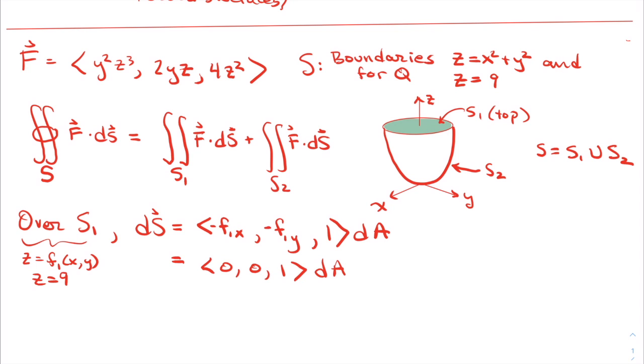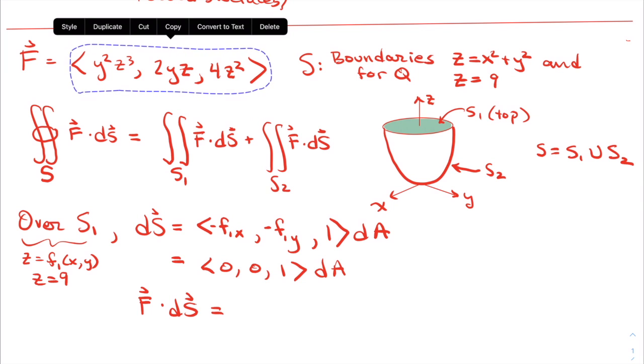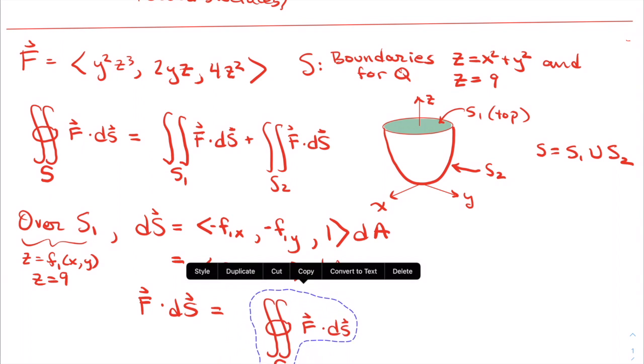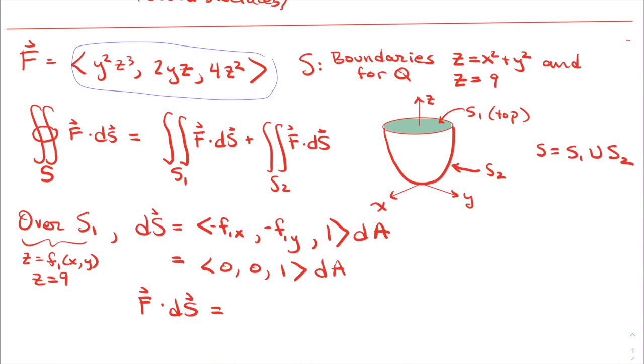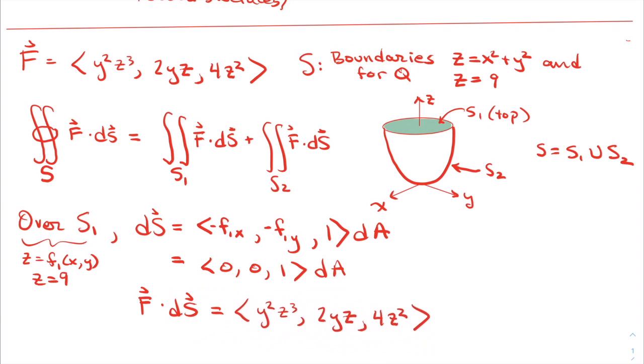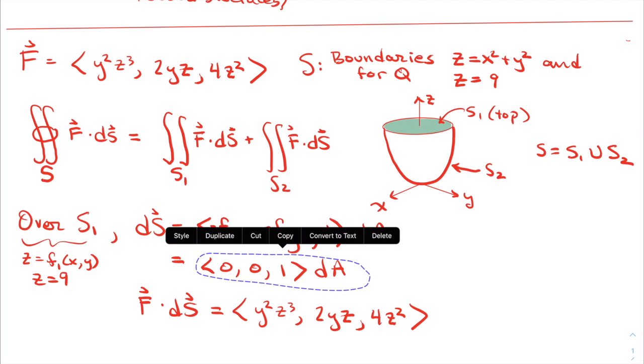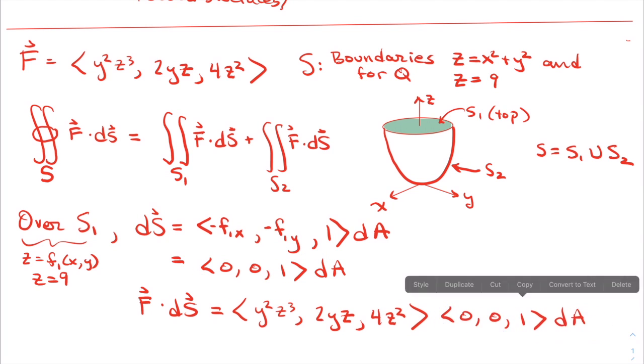Okay, and so now when we do F dot dS, let me put the field in first, and then let's do this dot product with 0, 0, 1.